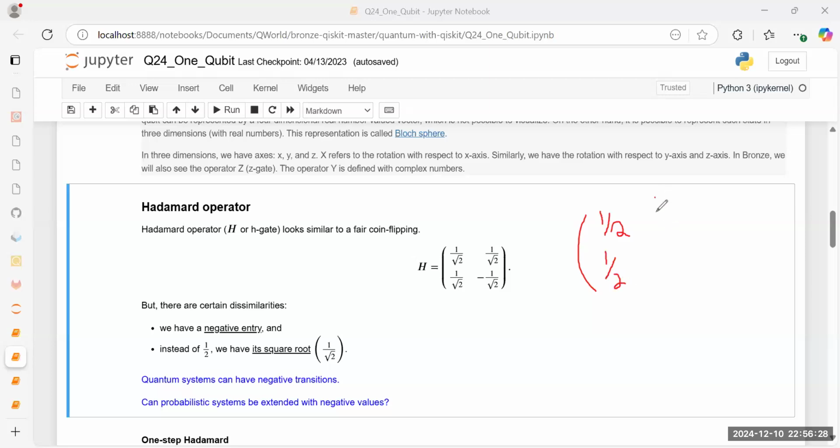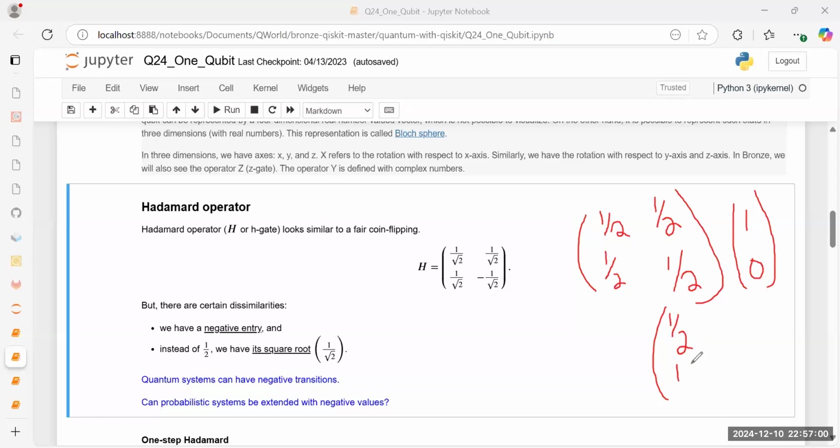If we multiply it with the probabilistic state for head, for example, and perform the matrix vector multiplication, we get 1 over 2, 1 over 2.